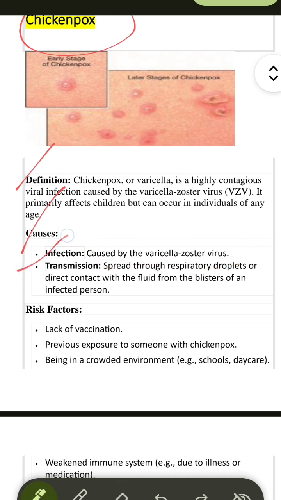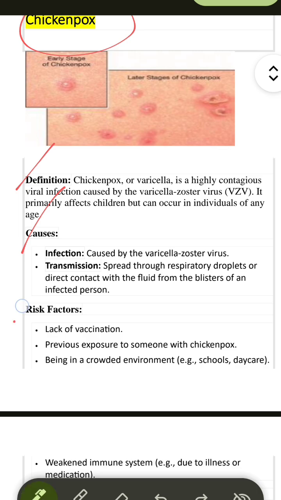Transmission: it may spread through respiratory droplets or direct contact with fluid from the blisters of an infected person, and it may transmit to another, uninfected person also. So the main causative agent of chickenpox is a virus, the varicella zoster virus.